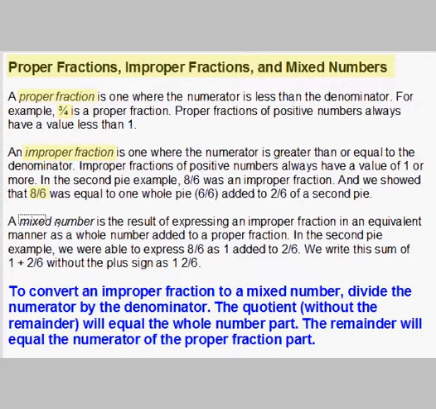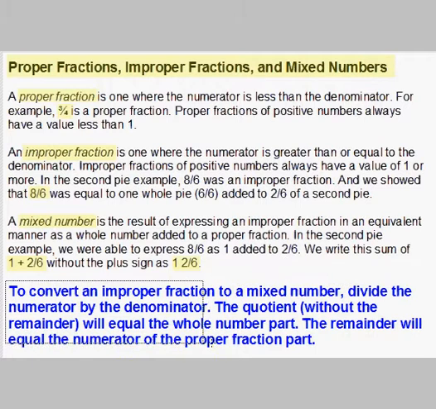A mixed number is the result of expressing an improper fraction as a whole number added to a proper fraction. For example, 8/6 was written as 1 plus 2/6, but normally we leave the plus sign out and we just write it 1 with the 2/6 next to it, which reads 1 and 2/6.